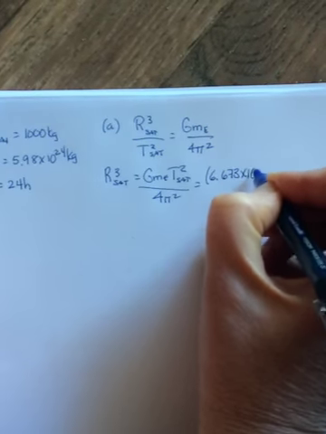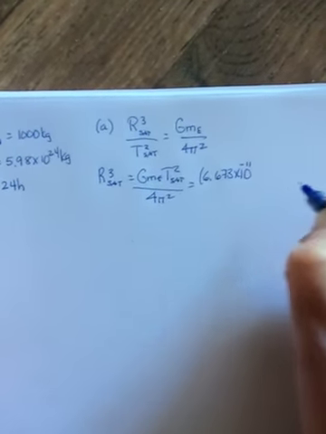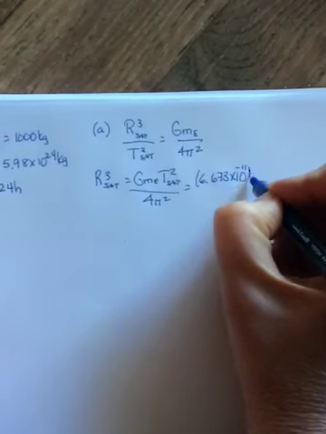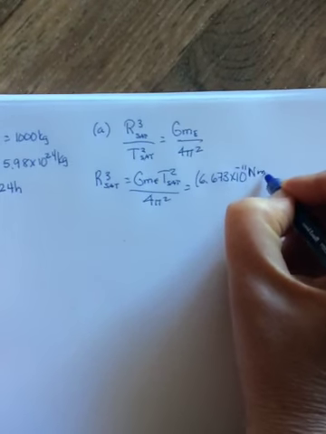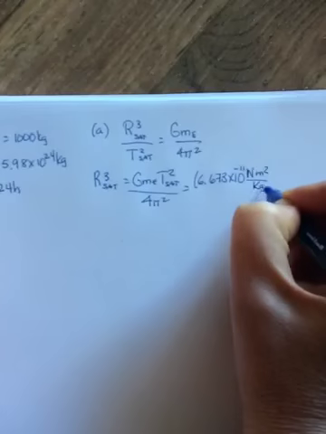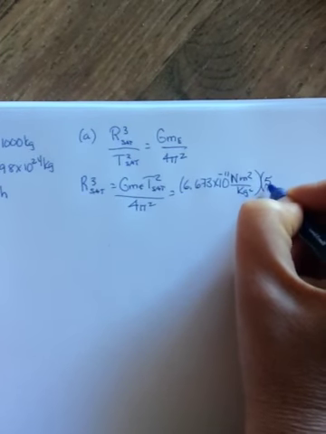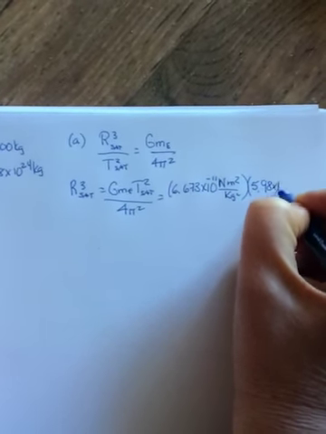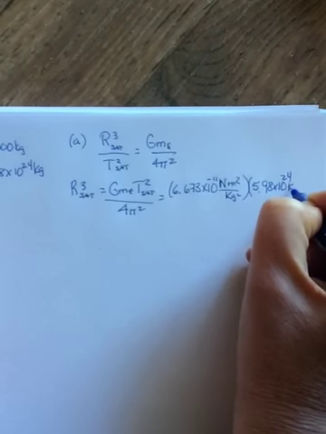So 6.673 times 10 to the negative 11 Newton meters squared per kilogram squared. Mass of the Earth, 5.98 times 10 to the 24th kilograms.